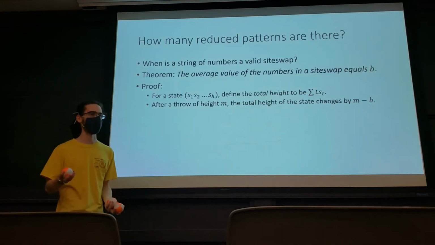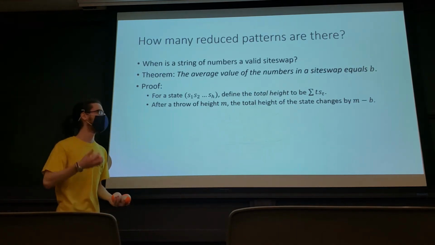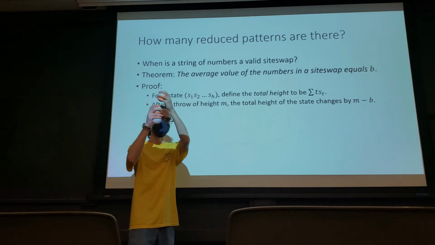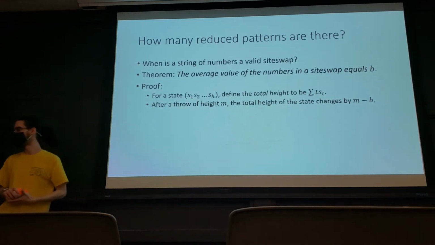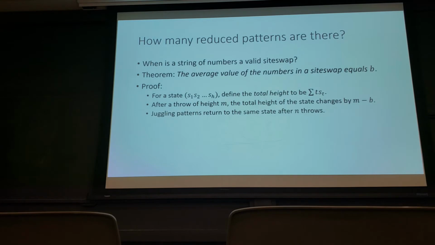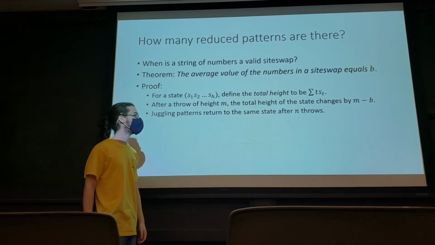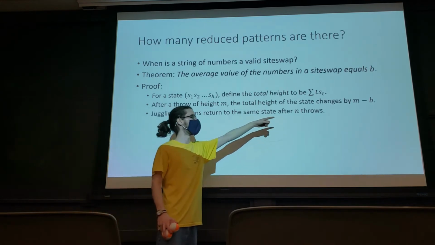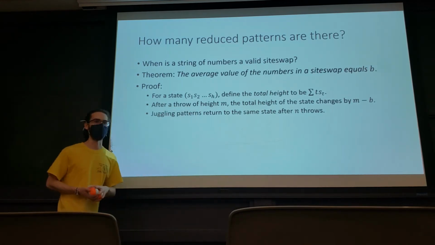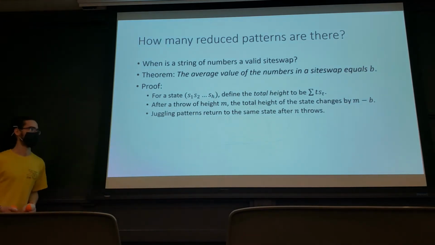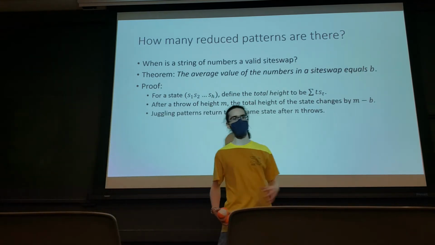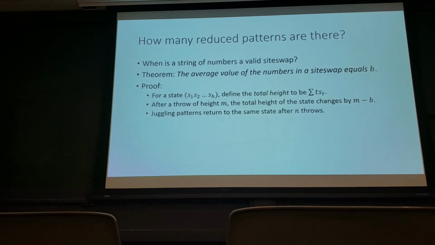It increases by m because I threw height m, then it decreases by b because every ball fell down by 1. But in a juggling pattern, they return to the same state after some number of throws. So if we add up all of these changes and then divide by n, we should end up with an integer, which is going to be exactly b. And that's the truth.